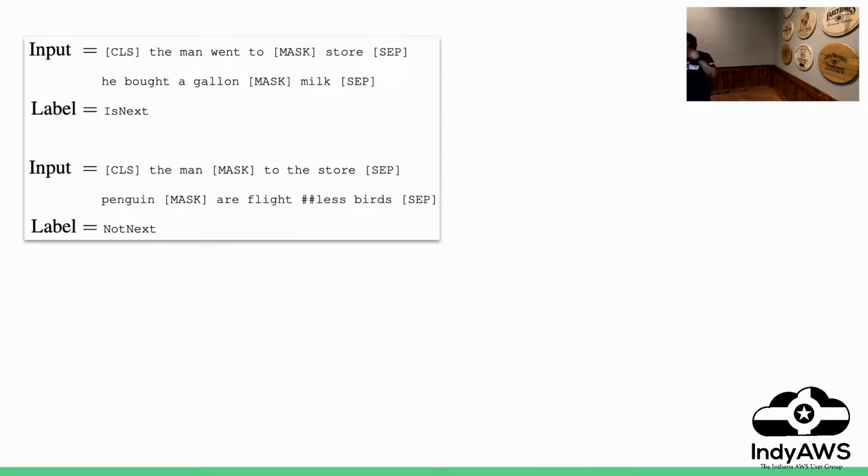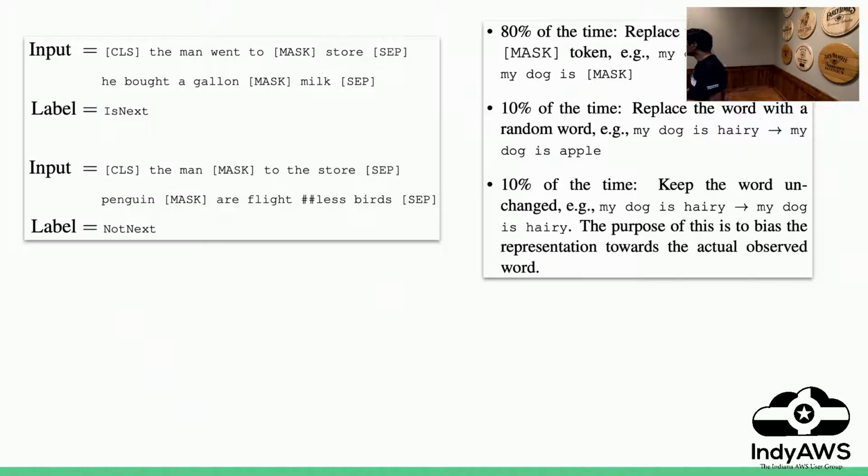So they created a whole ton of data. The first example here is two sentences in sequence. It forms a paragraph. The second one, these are two unrelated. And the network is supposed to learn whether the two are related or not related. So this gives a sense for looking across the sentences.